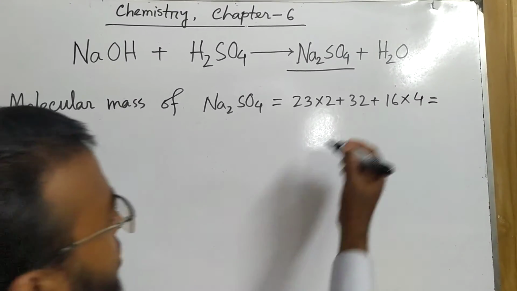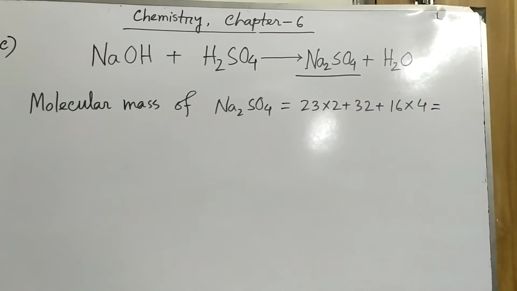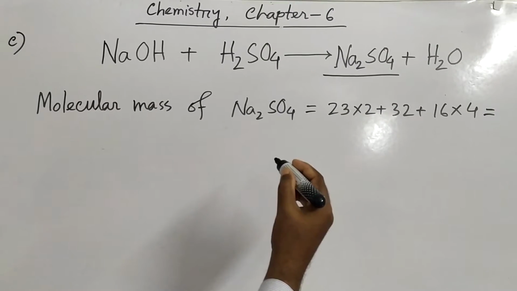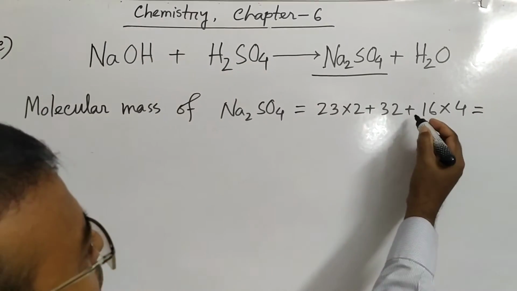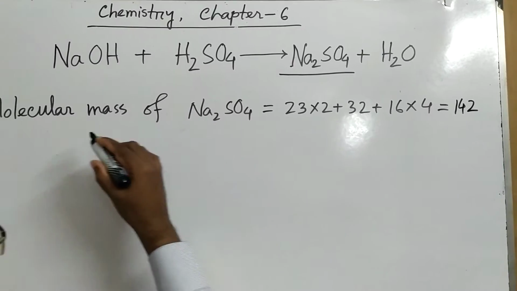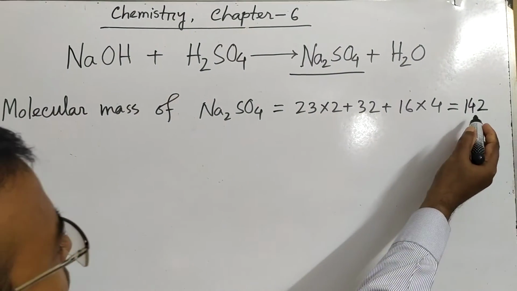Okay, by using calculator you can easily find it out, so it will be 142. So we have got the molecular mass of sodium sulfate, it is 142.